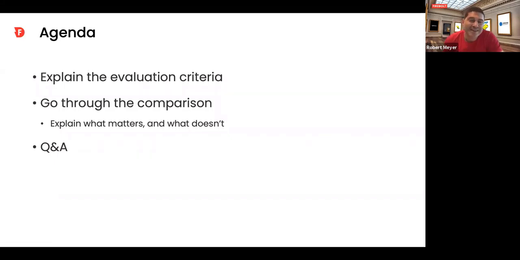So what we thought we'd do is we'd explain what evaluation criteria seem to come up and why. Why is it that people pick the half dozen or so categories that we're going to go through today? Then go through the comparison, give you 30 plus different criteria that you can think about, along with the evidence behind it. Because the evidence is out there.